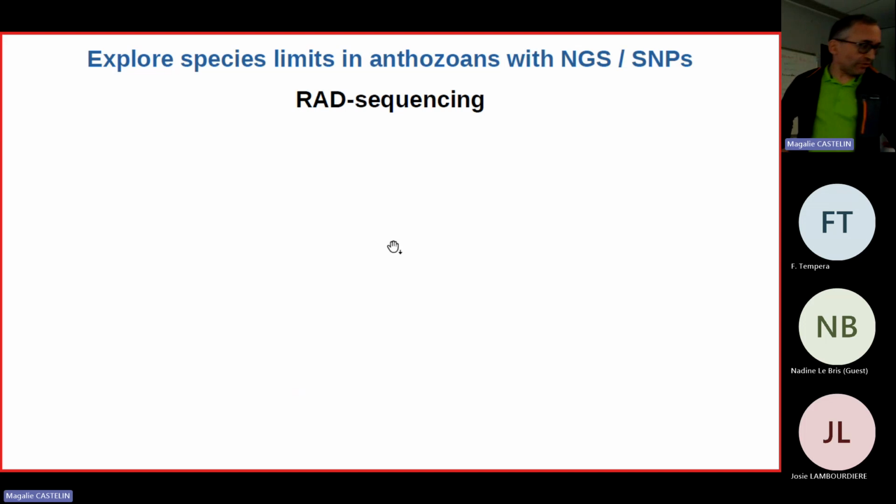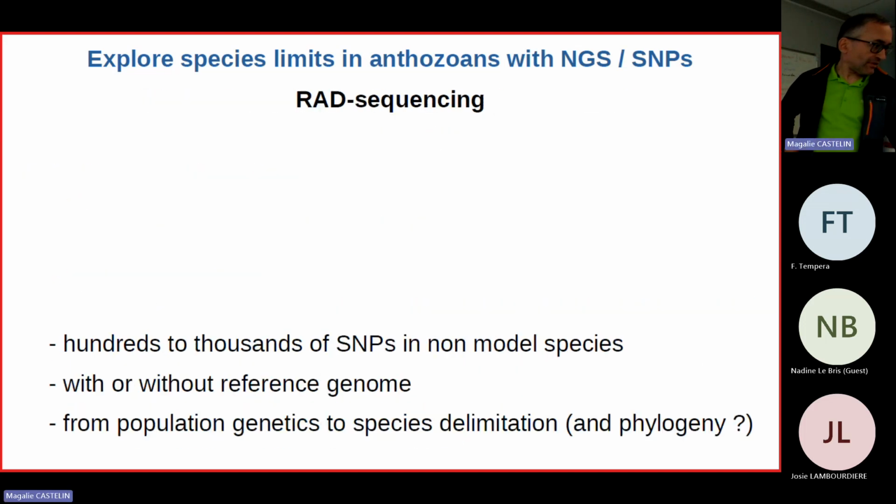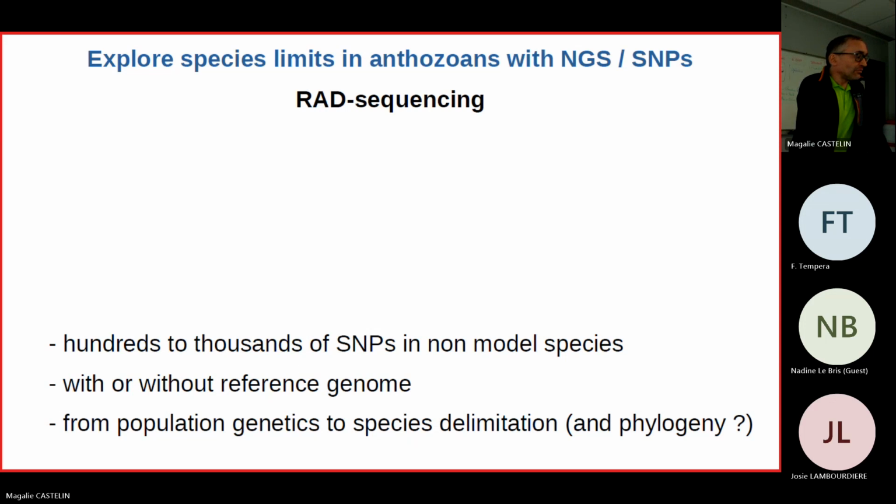So I will show you RAD sequencing. Okay, so there is a figure here which presents RAD sequencing. You see very well. So just to explain what RAD sequencing is, the idea is that you will not sequence the whole genome as I explained at the beginning, but you want to sequence part of the genome. So you will cut the genome with a restriction enzyme.